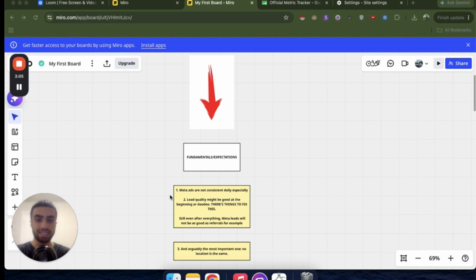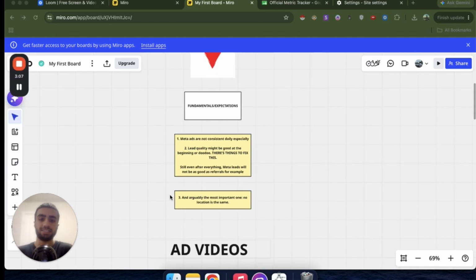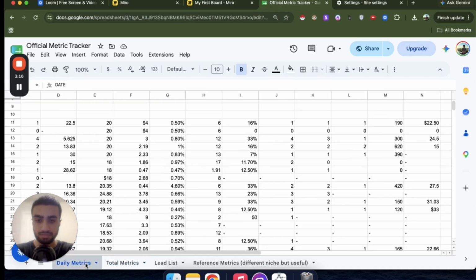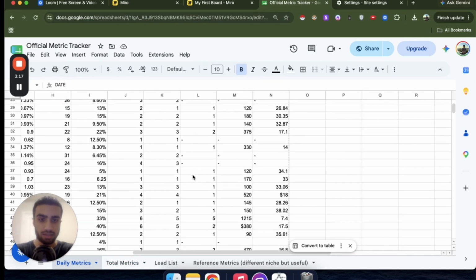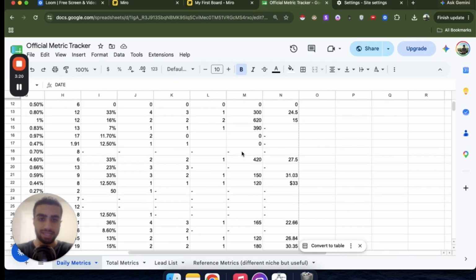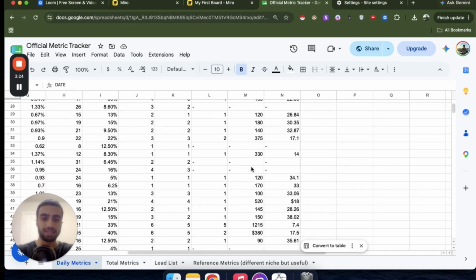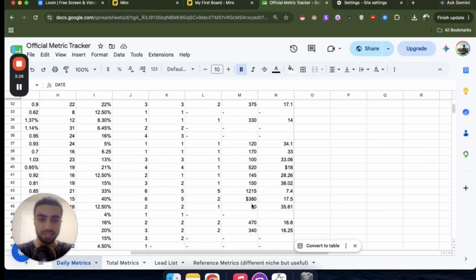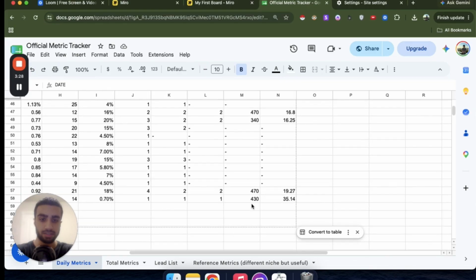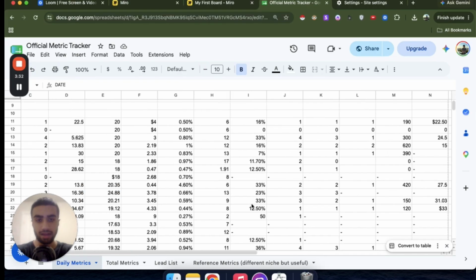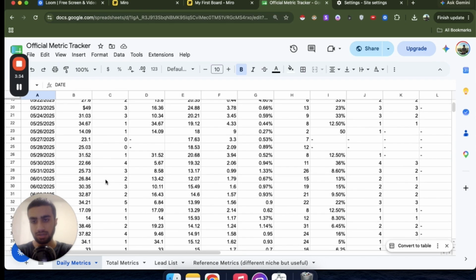The first thing is that Meta ads are not consistent on a day-to-day basis. It's really, really inconsistent. I can show you guys on my tracker how inconsistent it was. This is how many jobs I was getting every single day. Of course, my average job value is probably going to be a lot less than yours in the US, because in Canada it's less, but just to show you, I was getting some jobs some days, and other days were dead.